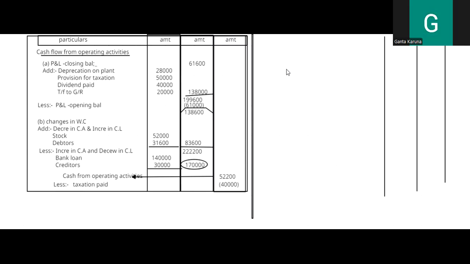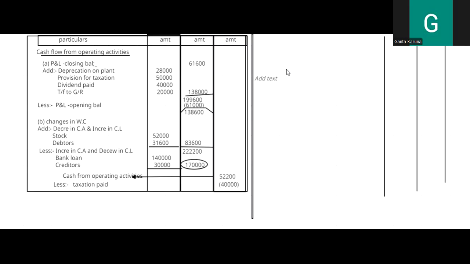Now, the next part I'm going to have is my next activity, that is investment activities. So here, cash flows from the investment activities.